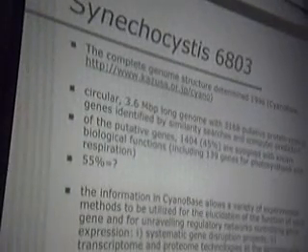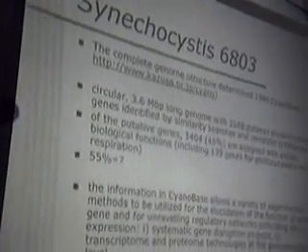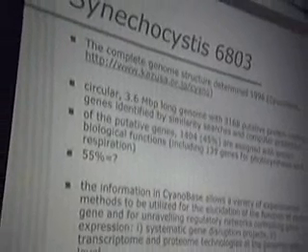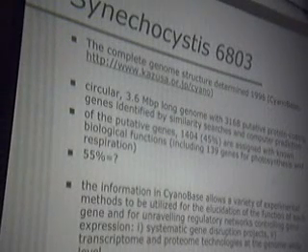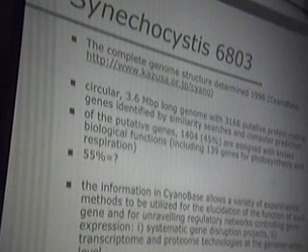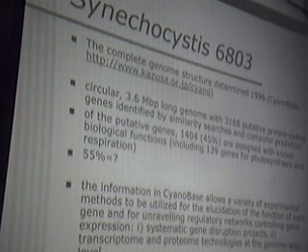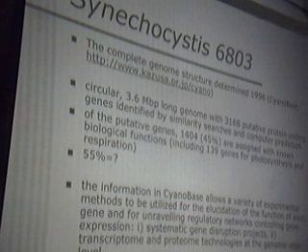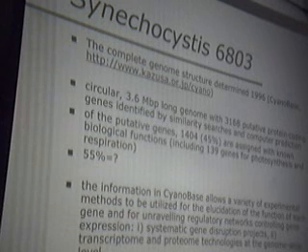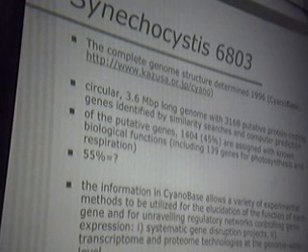Synechocystis 6803, our beloved cyanobacterium. Its complete genome structure was determined in 1996 as the first one of all cyanobacteria. Already then it was used in photosynthesis research, but this formed the important basics for modern systems biology research.